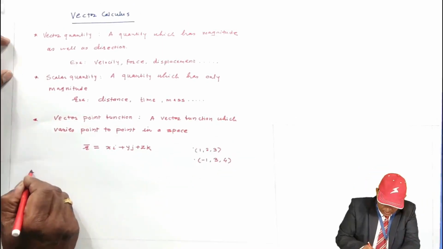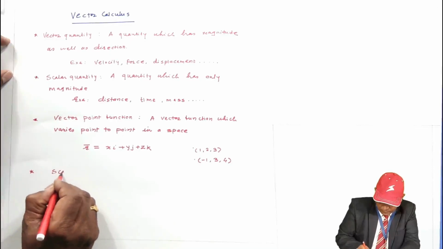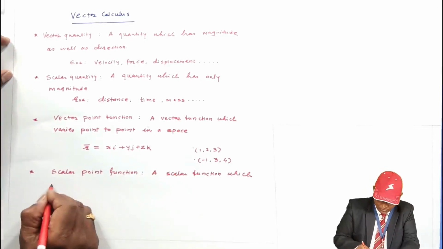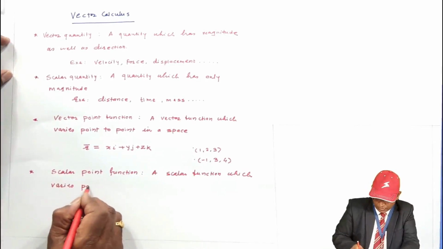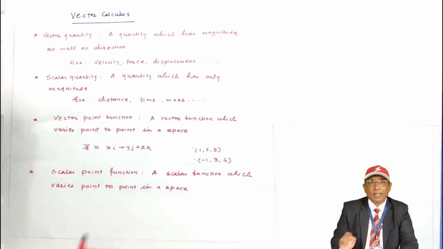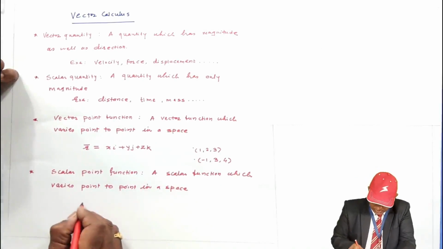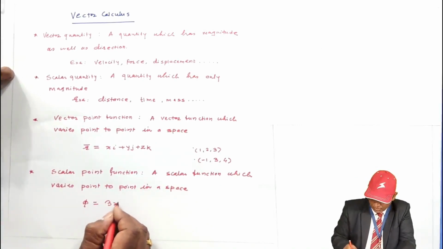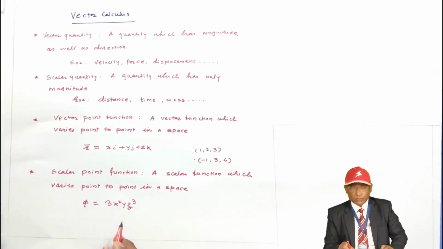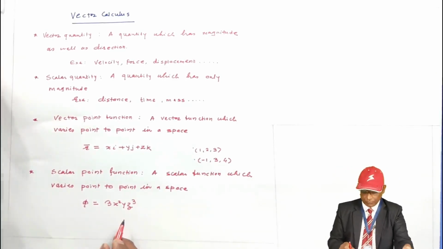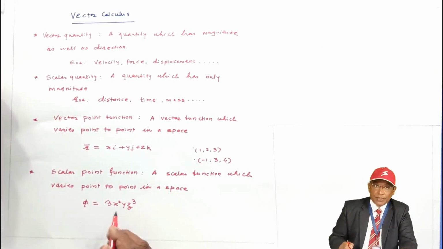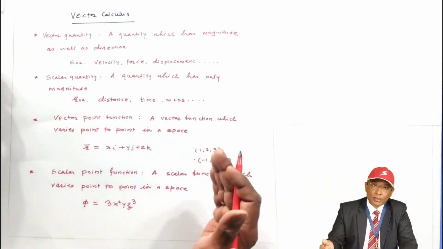Similarly, a scalar point function: a scalar function which varies from point to point in a space is called a scalar point function. I am denoting the scalar point function by phi, writing it like this: 3x squared y z. Since this has no unit vectors, meaning i, j are absent, this is a scalar function. But this function varies from point to point in the space.